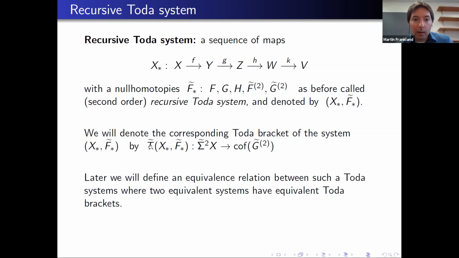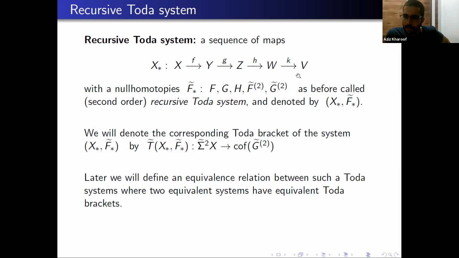Aziz? Yes. If I look at your Toda systems in both definitions, they build in all the choices involved, right? So if I give you, say, a cubical Toda system, that represents a single element in the long bracket, right? Yeah, I don't go with all the choices, that's with one. Yes, but those choices together define a single element of the long Toda bracket. You mean here or in the cubical? Well, in both cases, but let's say the cubical Toda system.